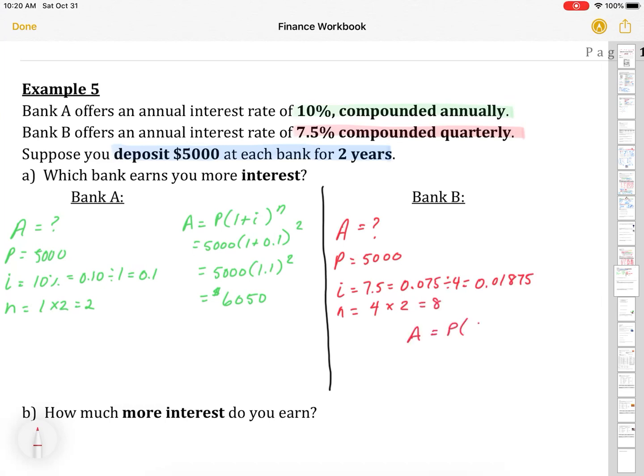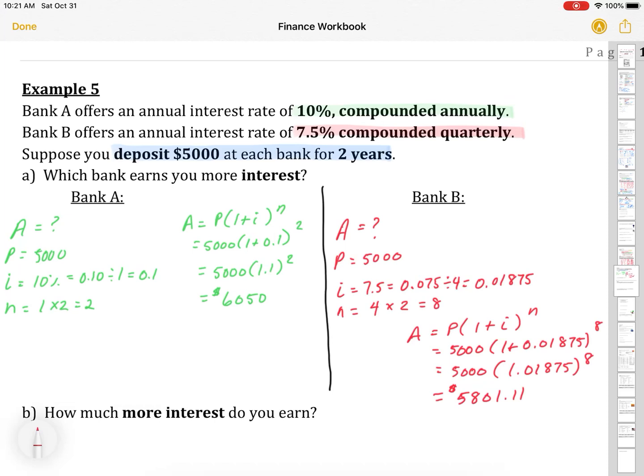So A is equal to P times 1 plus i to the n. So we have 5,000 times 1 plus 0.01875 to the 8. So that's 5,000 times 1.01875 to the 8, which equals 5,801.11.